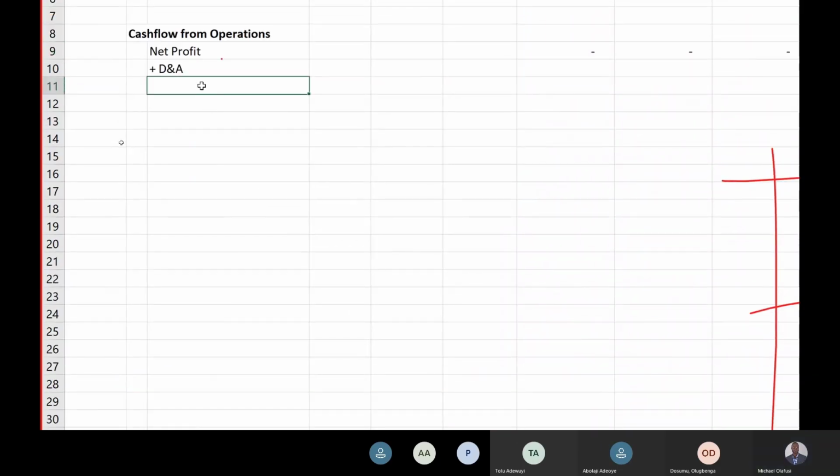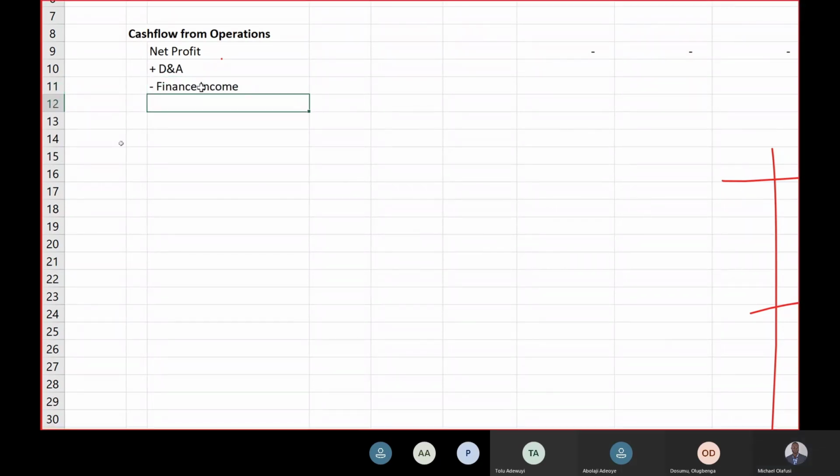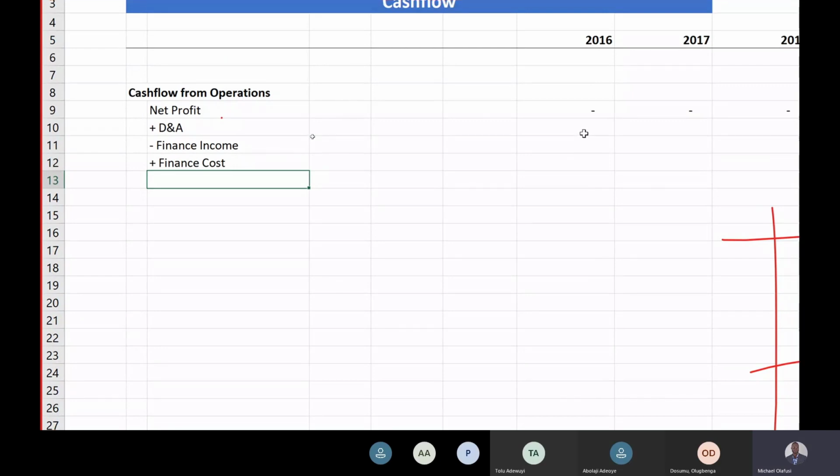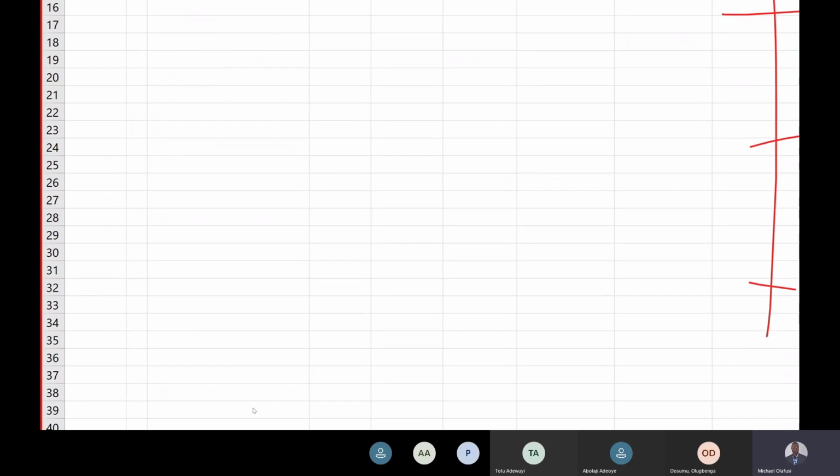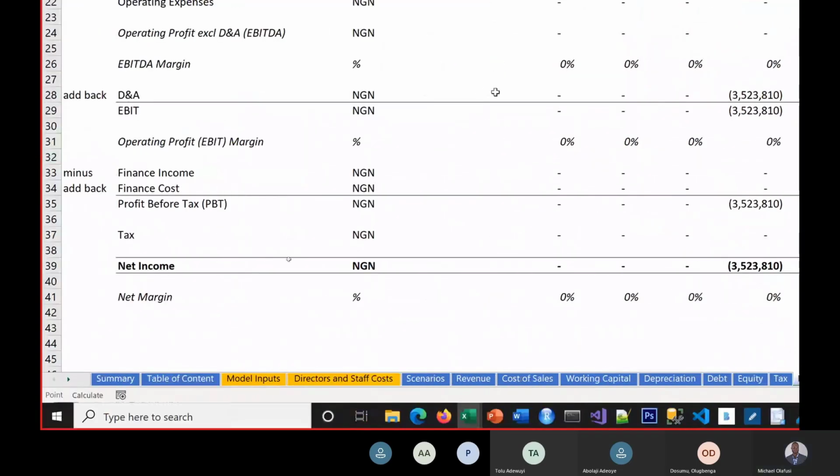I'm going to minus the finance income, and I'm going to add the finance cost, and like we already did the other time, we go and pick the D&A. So I go pick the D&A from the income statement, because it comes there in minus, right? So I will want it to show as a positive sign since I'm planning to add it back.